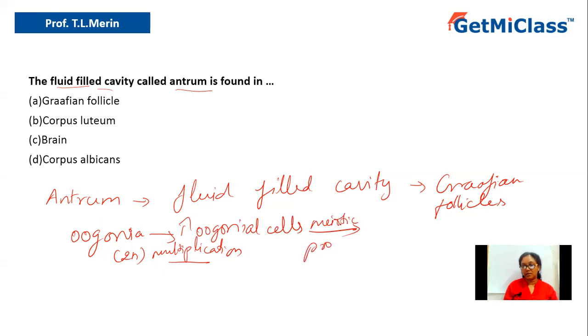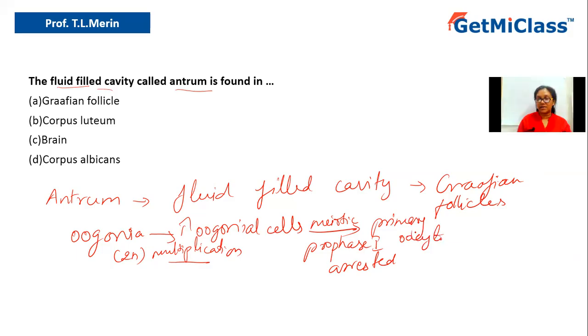That means they enter into meiotic division, and when they are in prophase 1 stage, they get arrested. Whatever is formed is called the primary oocyte. So the cells which get arrested in prophase 1 are called primary oocytes.